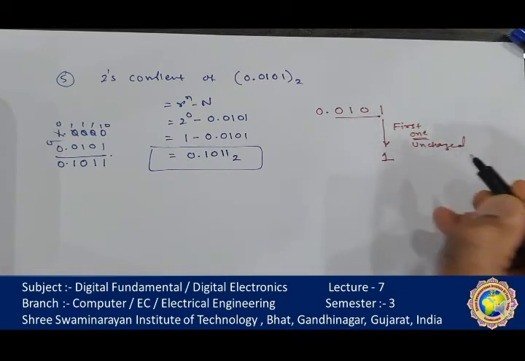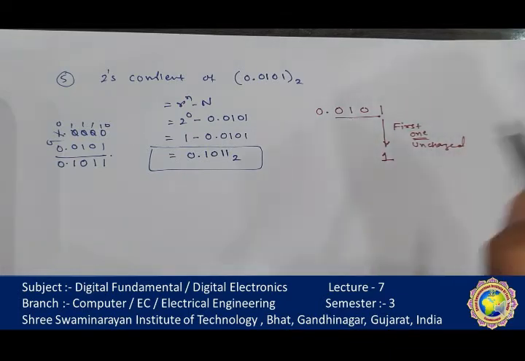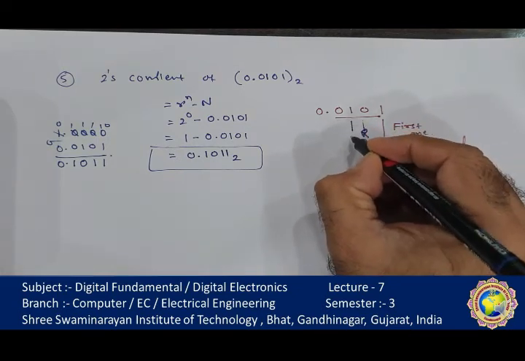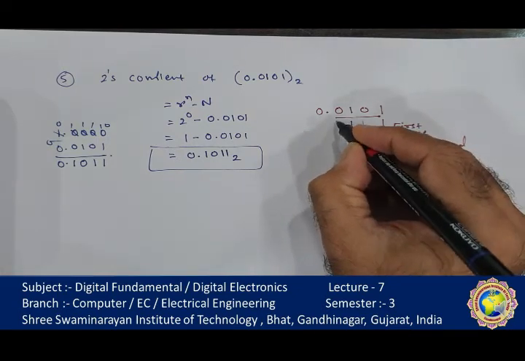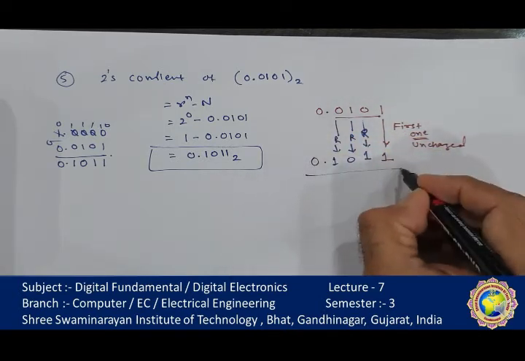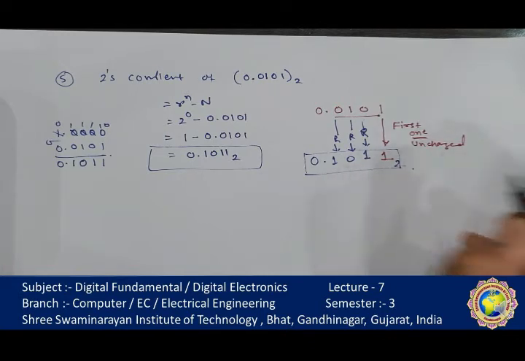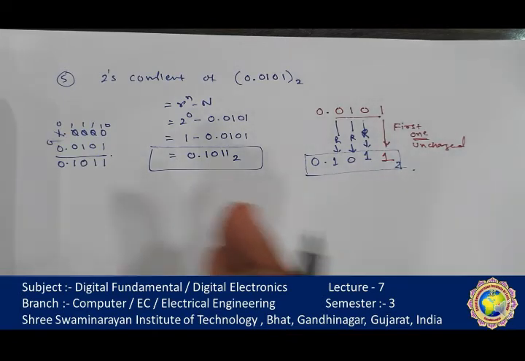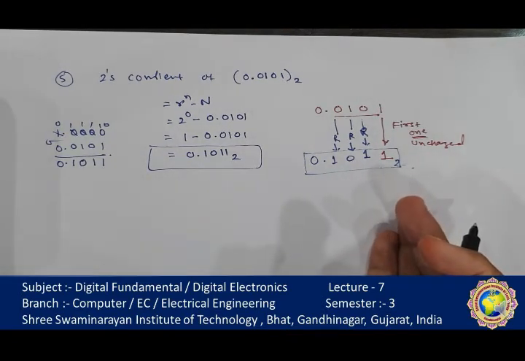So it remains the same. Now 0 is replaced by 1, 1 is replaced by 0, 0 is replaced by 1. So this is the answer. It is applicable for everyone, it might be that integer and fraction points both are there.